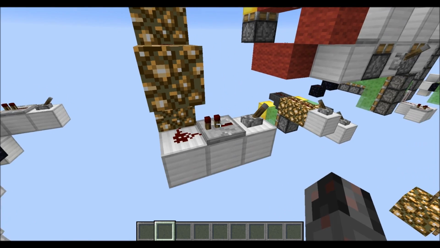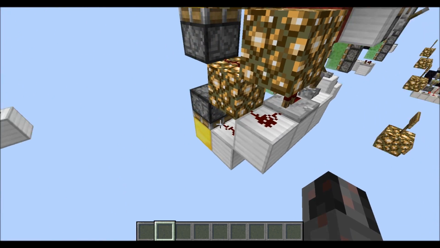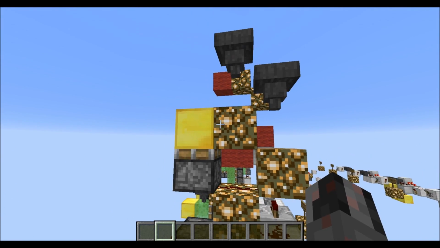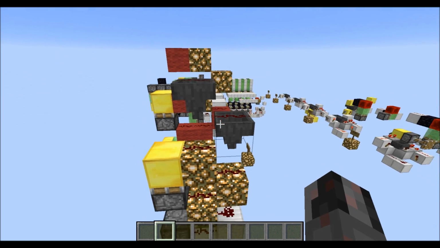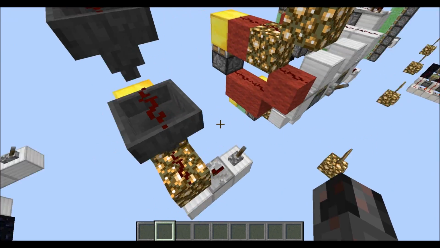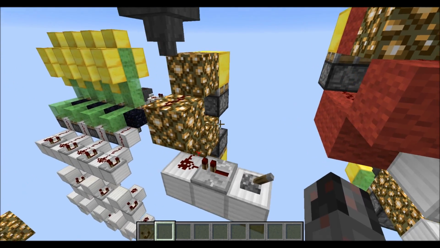So as you can see here, I'm directly powering the redstone and not the block it's on, and I'm also using transparent blocks here, and again, if slime blocks get involved, you should use hoppers for the entire thing. But as you can see here, this works just like it's supposed to.